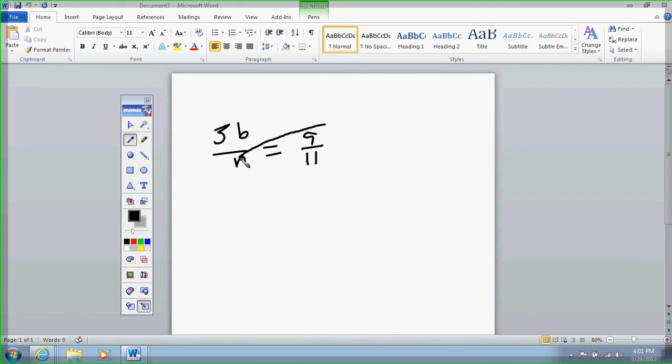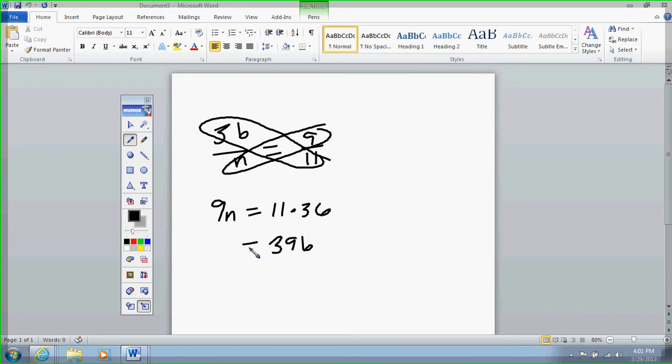So I cross multiply here, and I get 9 times n is 9n equals 11 times 36. And use your calculator for that calculation. 11 times 36 is 396 equals 9n. See, I just brought the rest back down after I simplified here.